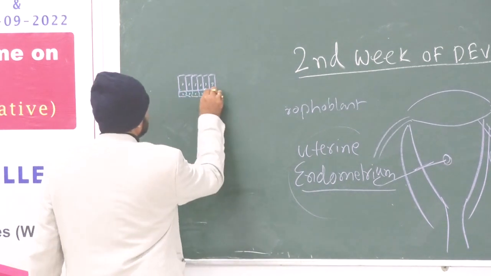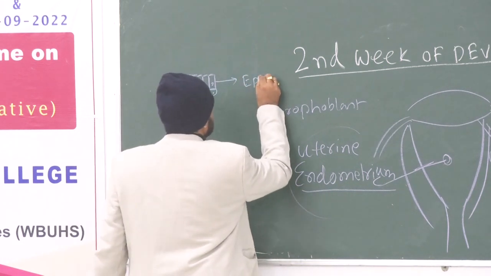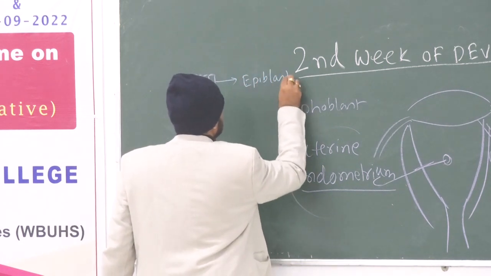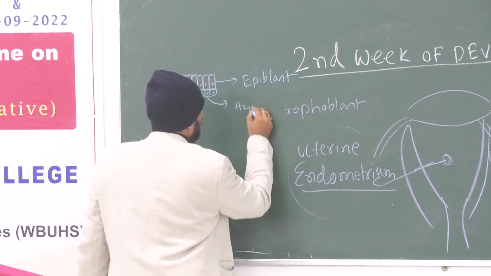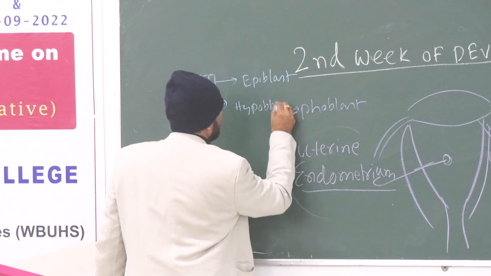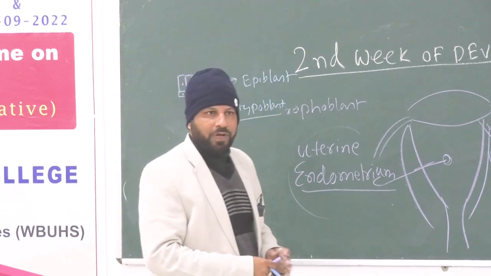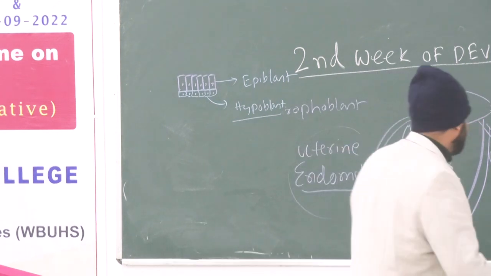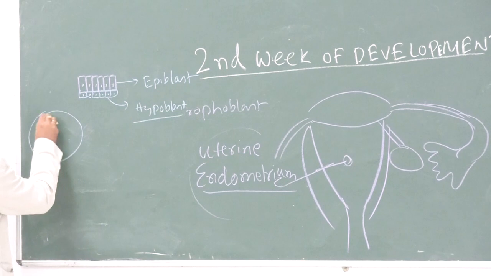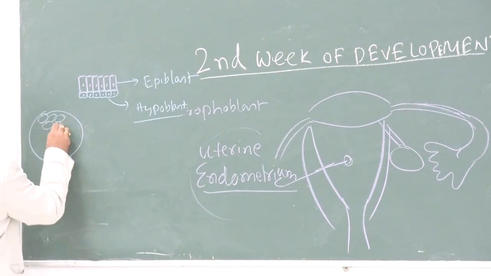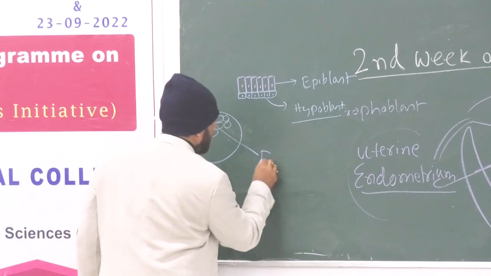Above it is called epiblast and below it is called hypoblast. Epiblast and hypoblast come from the inner cell mass, which is called embryoblast.